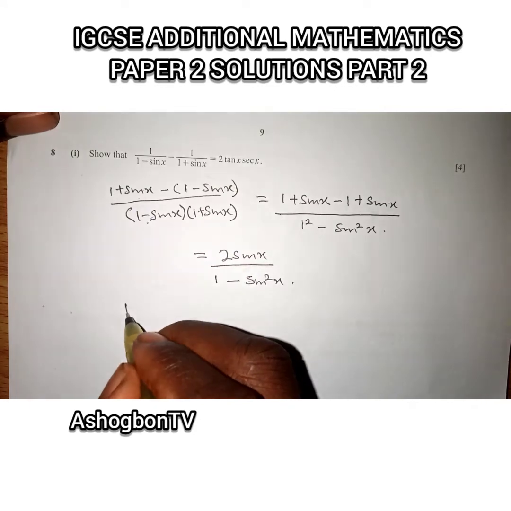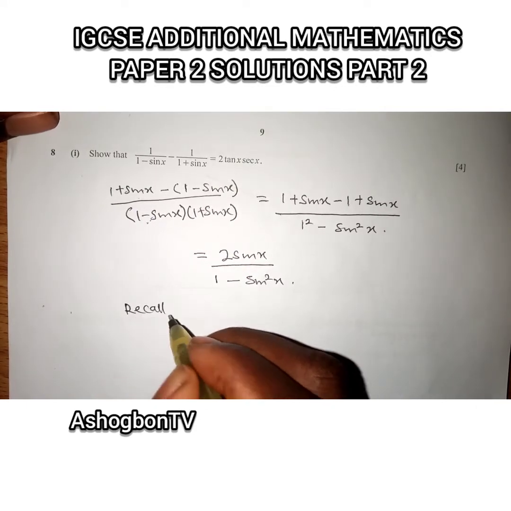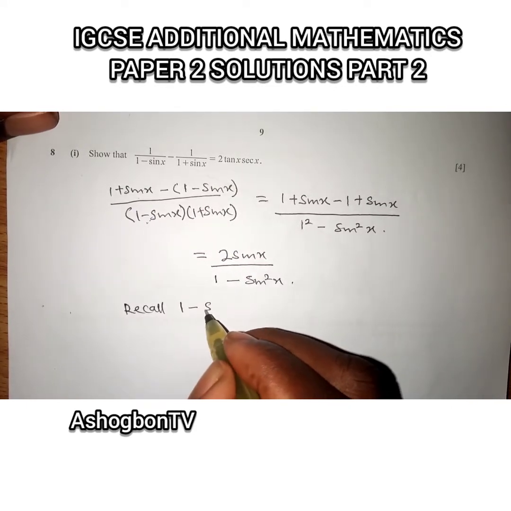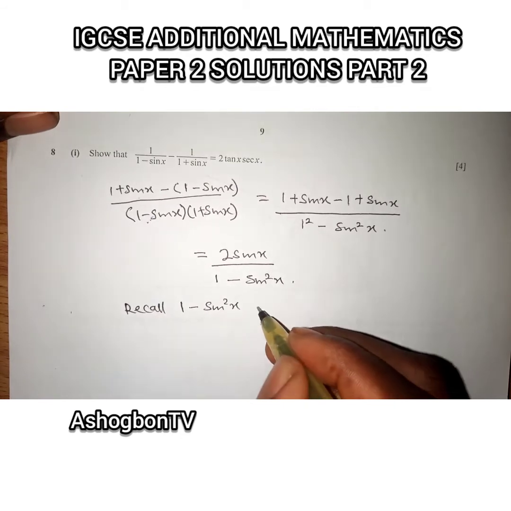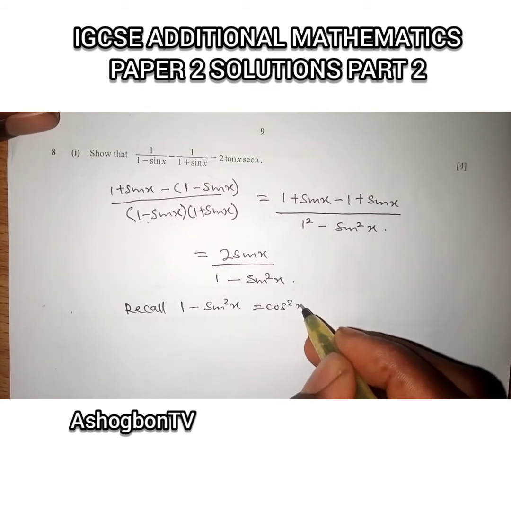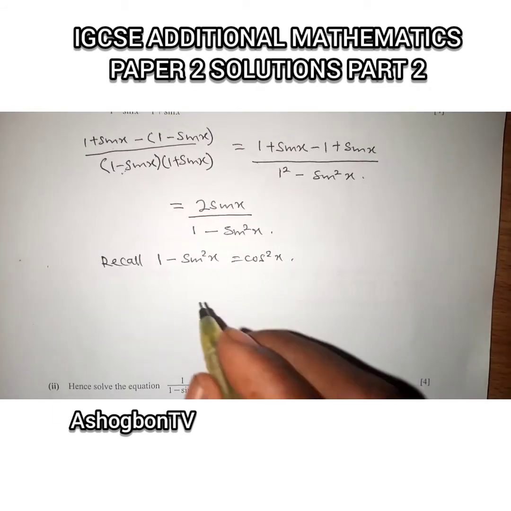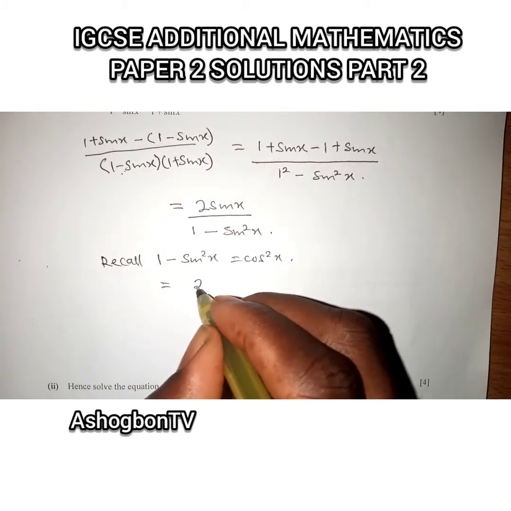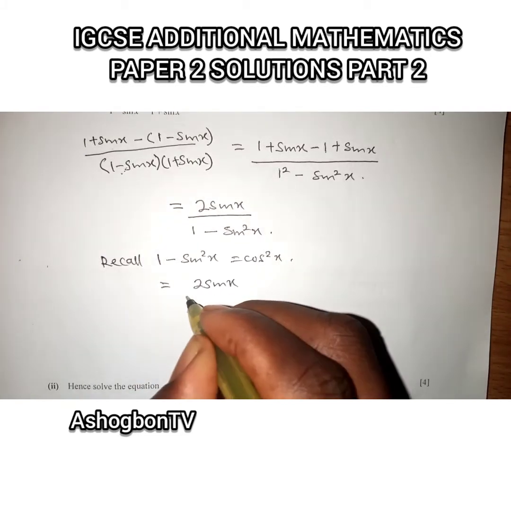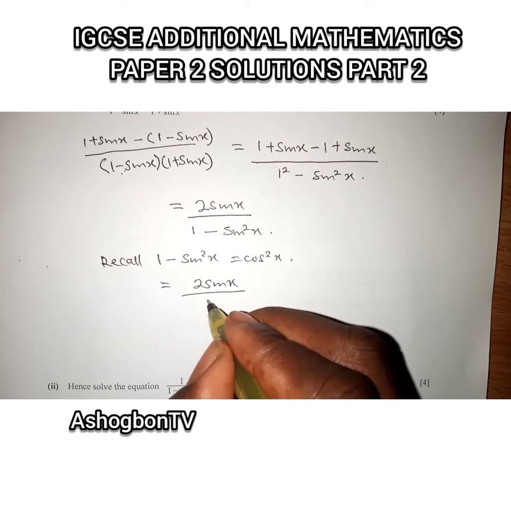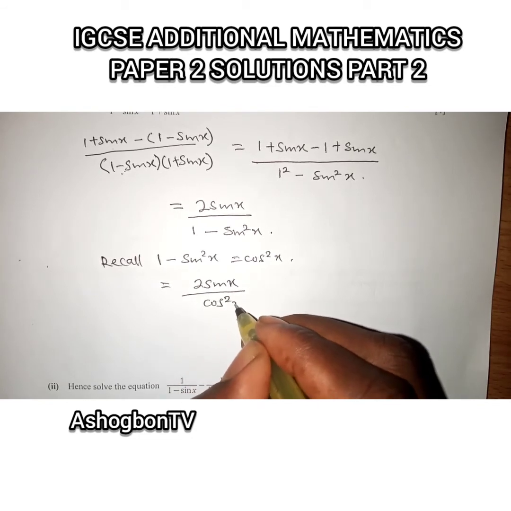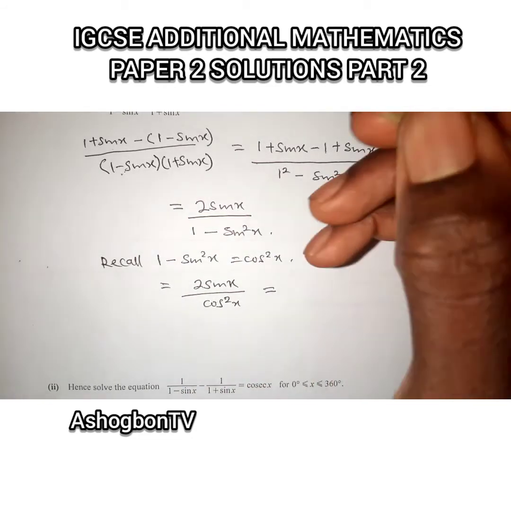And recall that 1 minus sine squared x is equal to cos squared x. So, if that is the case, the answer here will be 2 sine x all divided by cos squared x. So where exactly are we going?